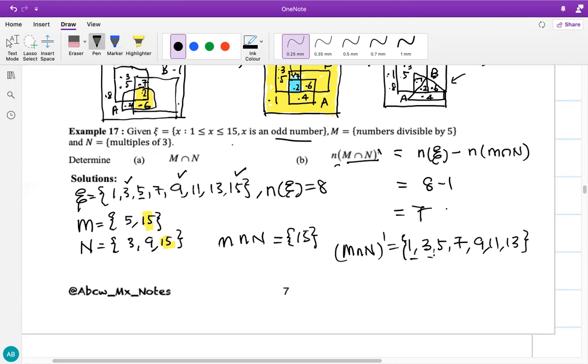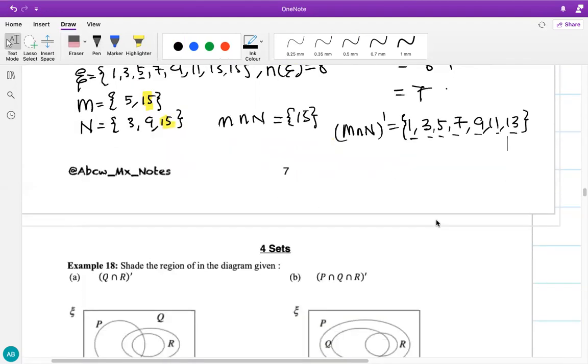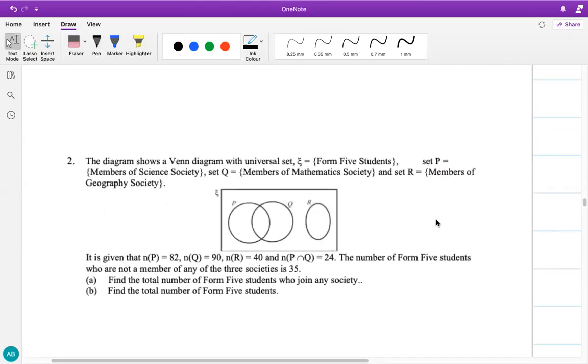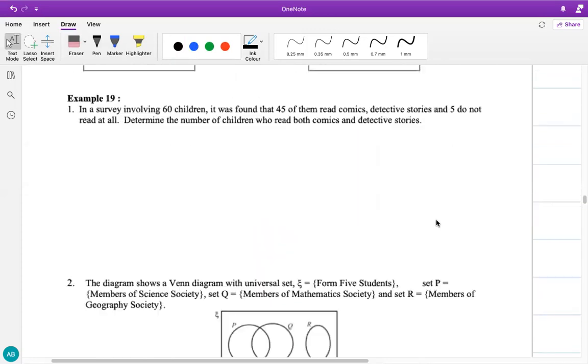Then you count 1, 2, 3, 4, 5, 6, 7. So correct. Right. Okay, so then we go to example 18.